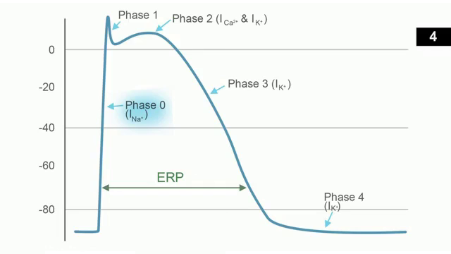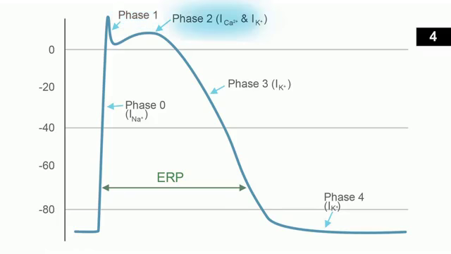First question: diagram the phases of a myocardial action potential and describe which ion channels are responsible for each phase. We're going to basically do this all over again to really get it into your brains. First we have phase 0: rapid depolarization, which is due to the opening of sodium channels. Phase 1 is early repolarization, where these sodium channels close and the voltage-gated potassium channels begin to open.